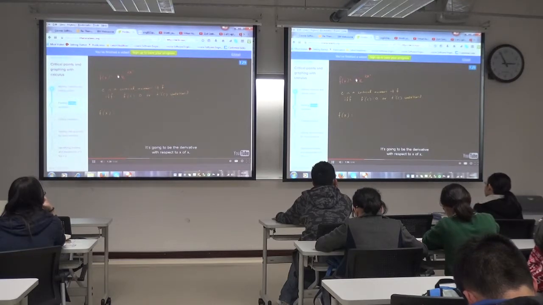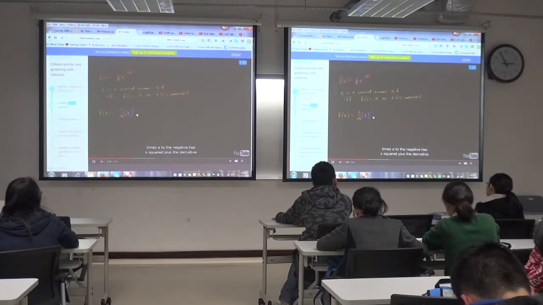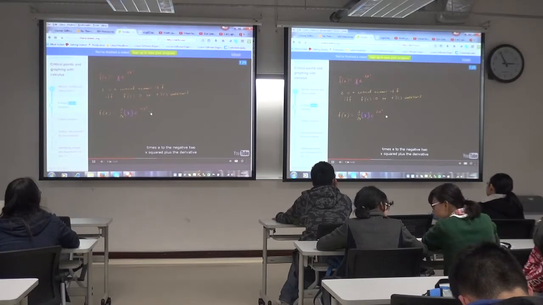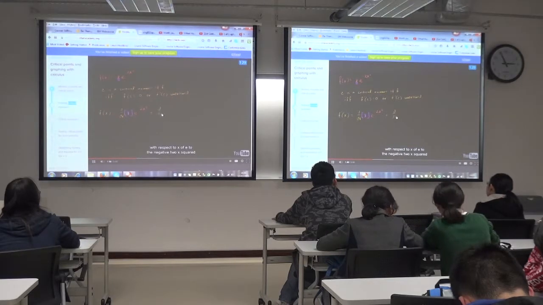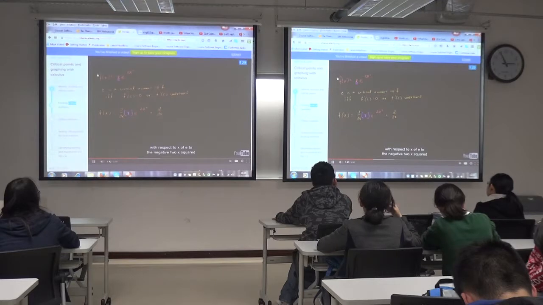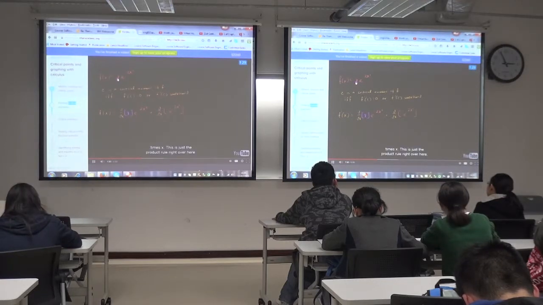So it's going to be the derivative with respect to x of x, times e to the negative 2x squared, plus the derivative with respect to x of e to the negative 2x squared, times x.